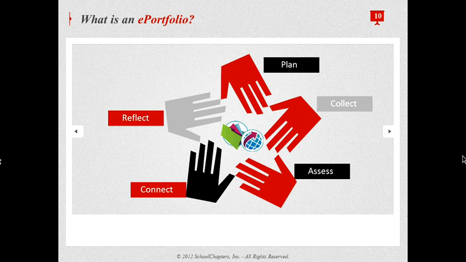Of course, there is that fun word, assess. We have to assess everything in higher education, and assessing a PowerPoint was horrible. So we thought that an ePortfolio would give a format that could allow us to assess student learning, assess how we are teaching these standards.